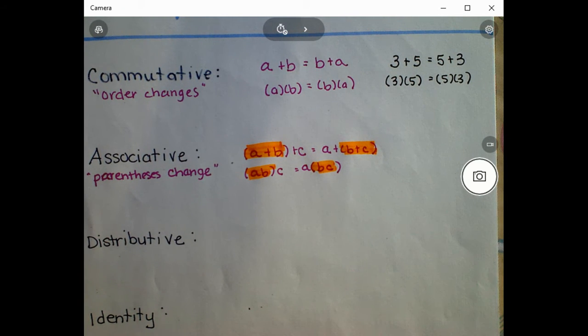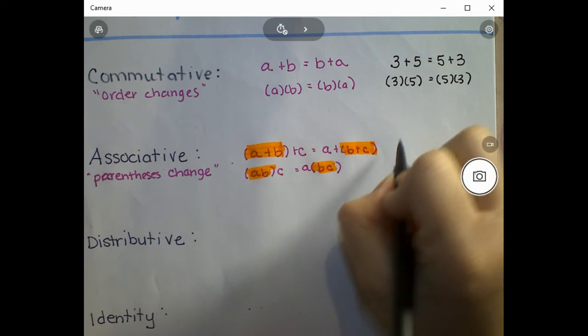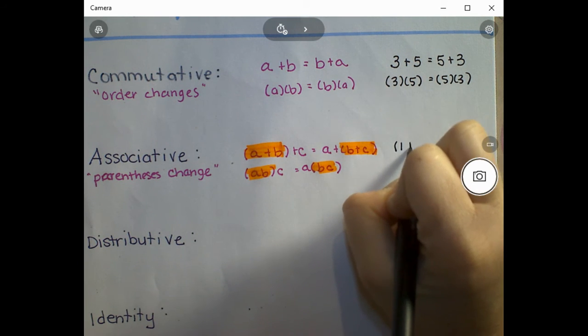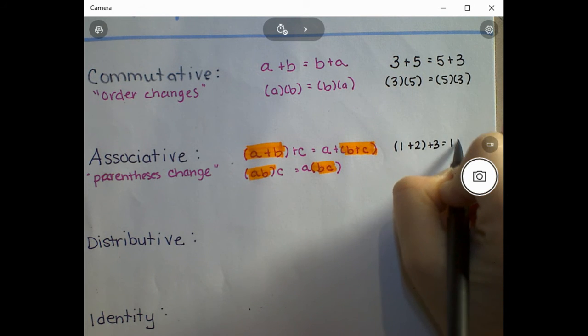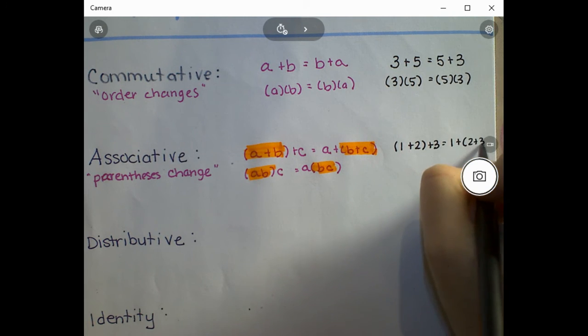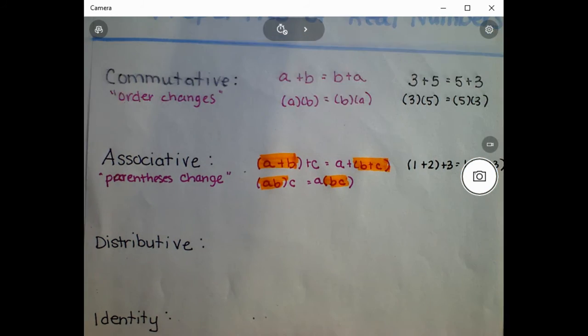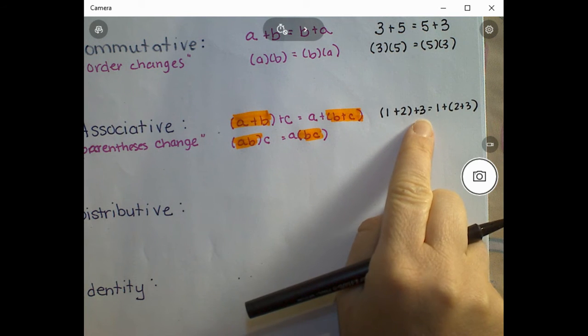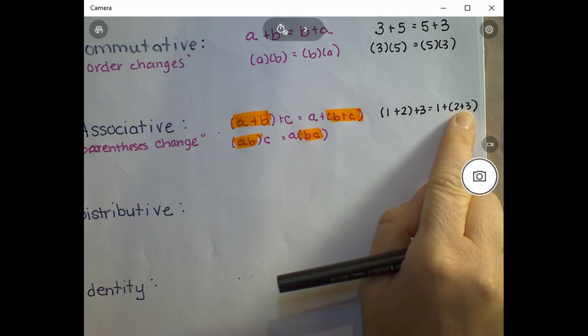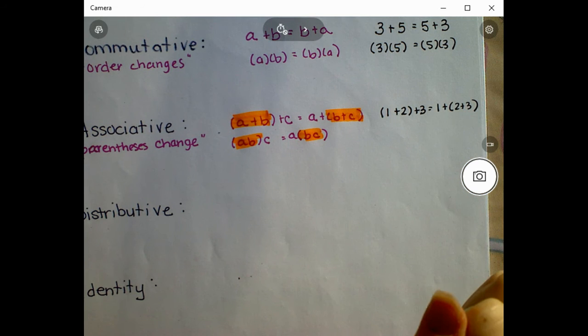With numbers, maybe you would have (1 plus 2) plus 3 is the same as 1 plus (2 plus 3). See how the order of operations kind of sneaks in there? So 3 plus 3 is 6. 5 plus 1 is 6. It's the same.